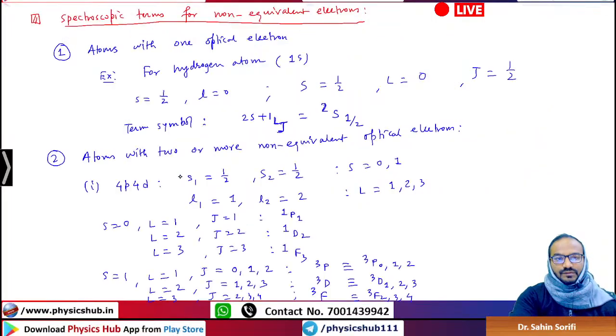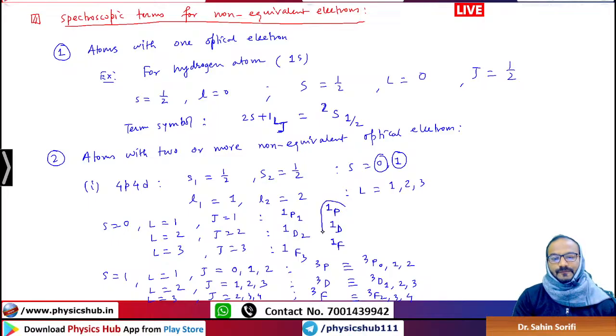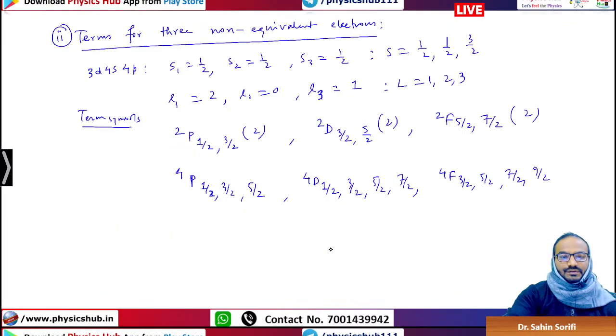So 4p 4d means we have considered this one, S equals 0, S equals 1. Then from S equals 0, you get L equals 1 to 3. What are the terms? Terms are 1p, 1d, 1f. So for S equals 0, we are getting 1p, 1d, 1f. So 3 terms.